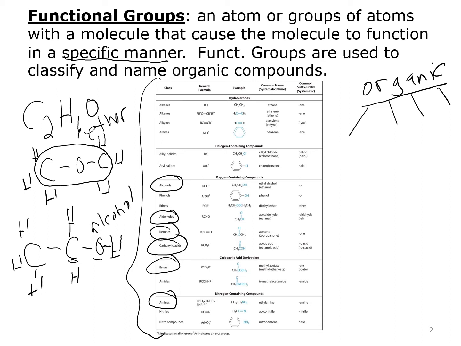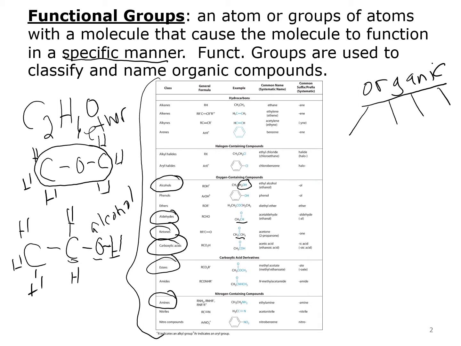Just to point out, the elements in blue are what make it function a certain way. In the alcohol, in blue, we have the OH. When the oxygen's bonded to a hydrogen, and then it's attached to a carbon with single bonds, it makes it an alcohol. The aldehyde, we'll see here in blue, we have a carbon with a double bond to an oxygen and a hydrogen, which makes it an aldehyde.